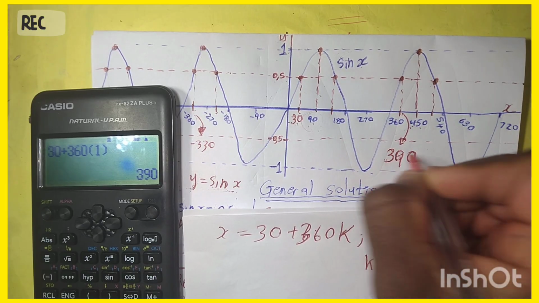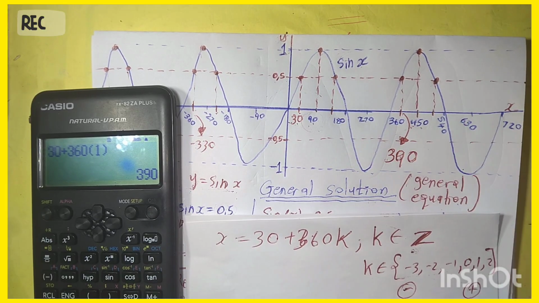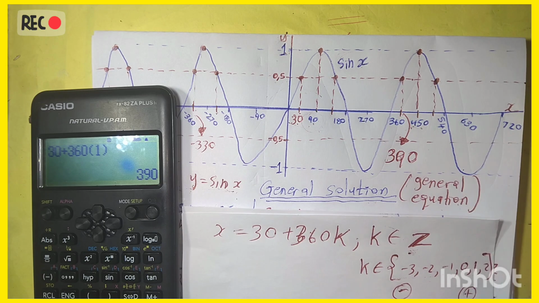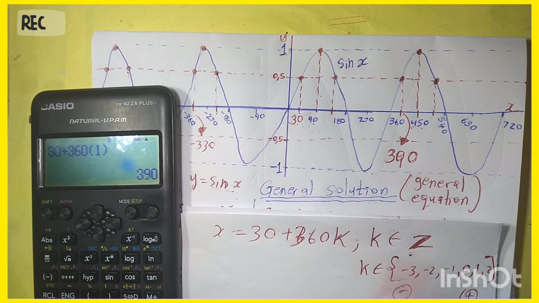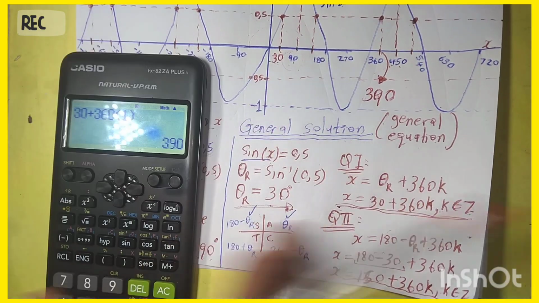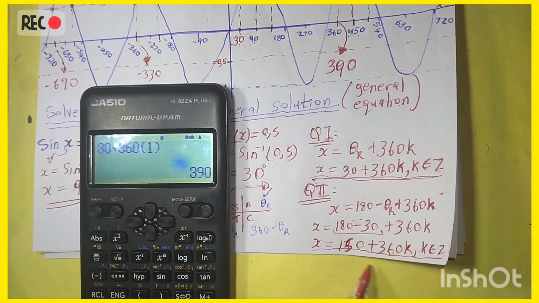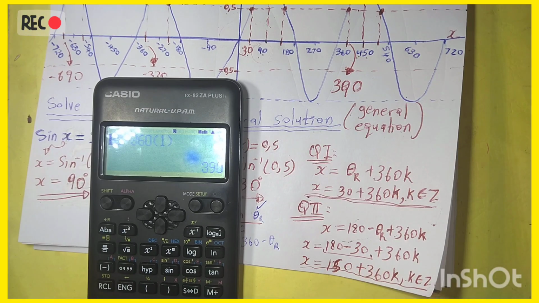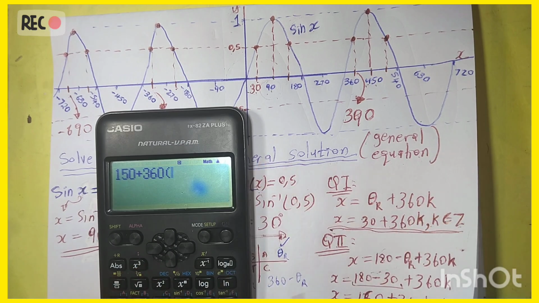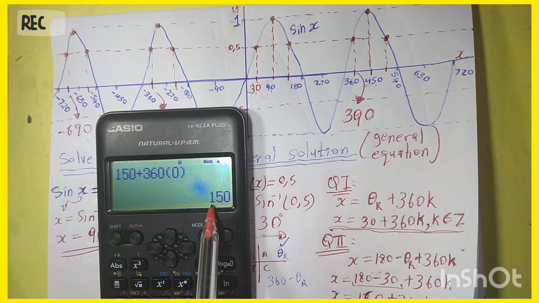Do you see? So this is the use, guys, of a general equation, that it generates these values. And now if I also take the second one, taking this equation will also tell me other specific values. Starting with 0, I'll get 150.